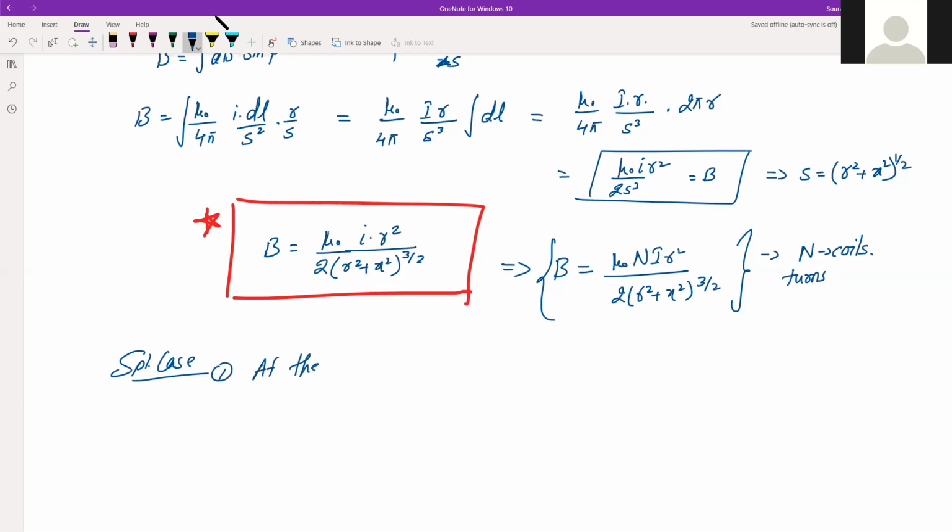If it is at the center, obviously x will be equal to 0.